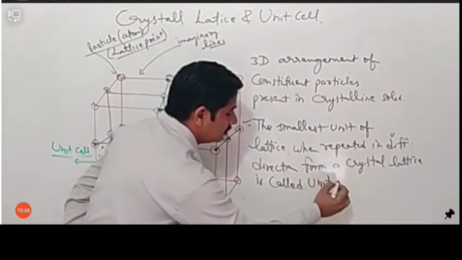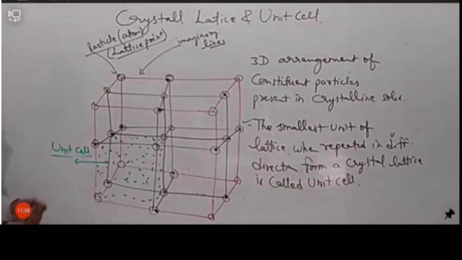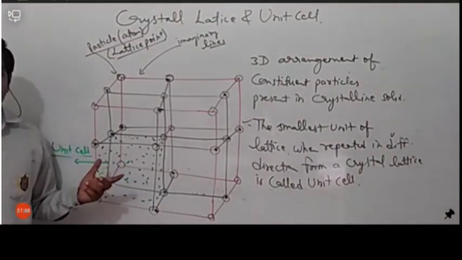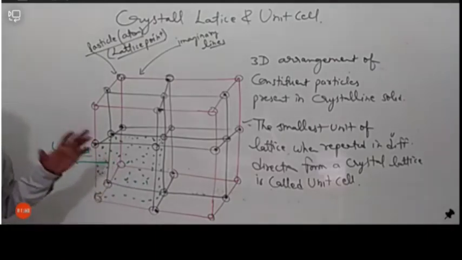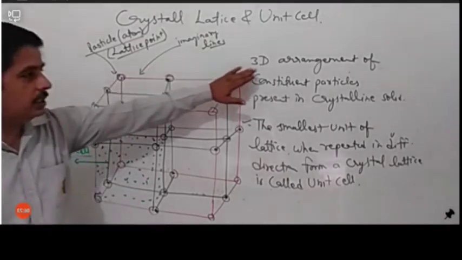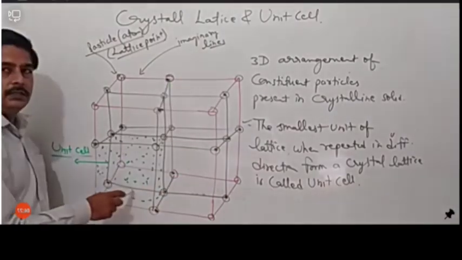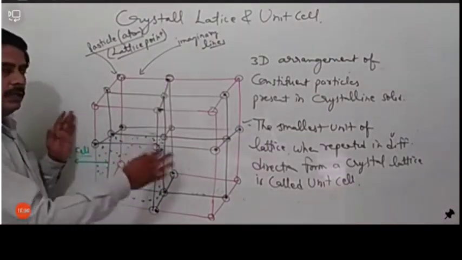Once a question was asked: write the difference between unit cell and crystal lattice, showing the diagram. So this should be the answer to that question: 3D arrangement of constituent particles, all these are the constituent particles and they are arranged in 3D. They have length, breadth and height.